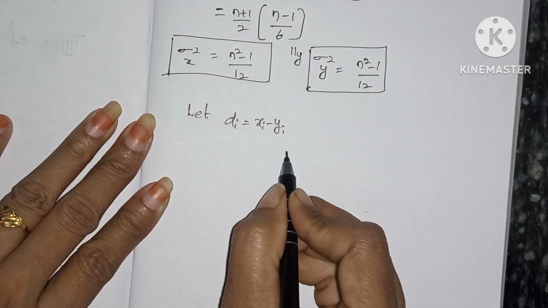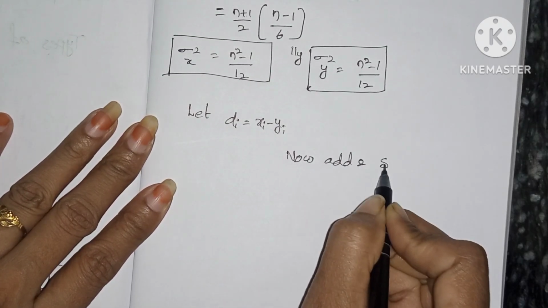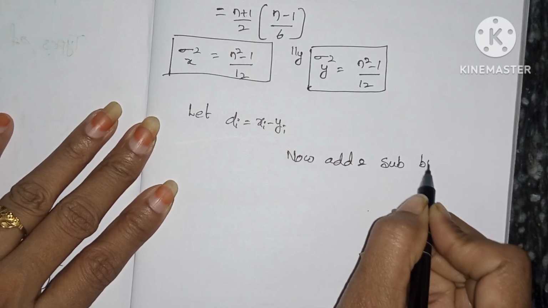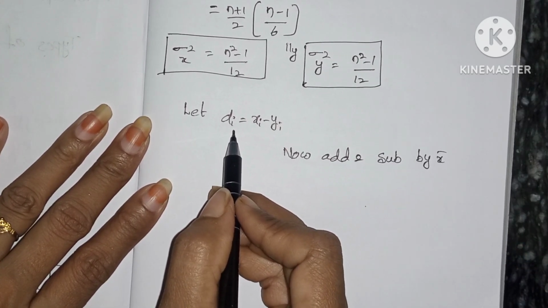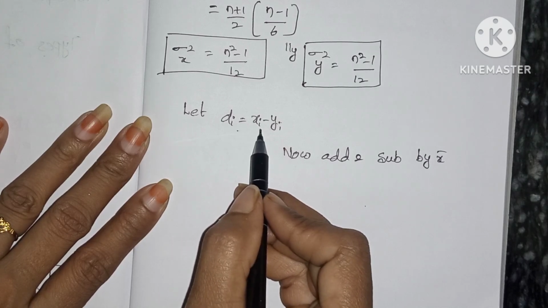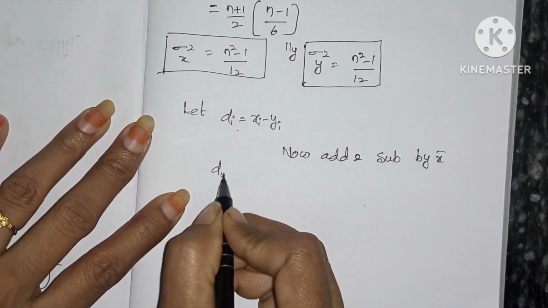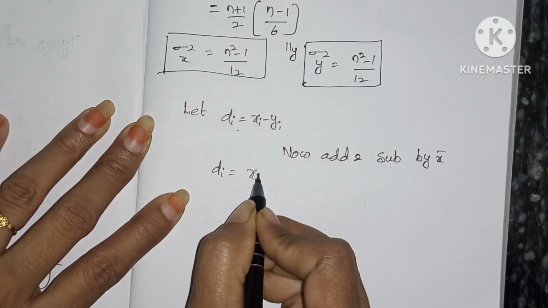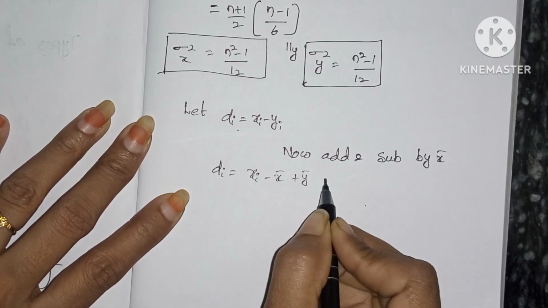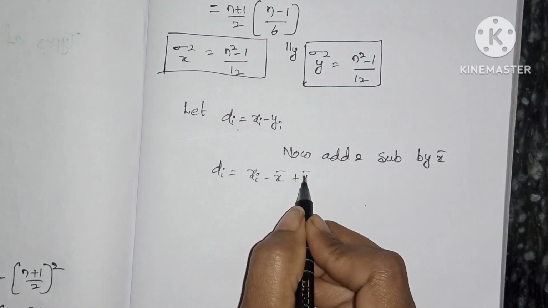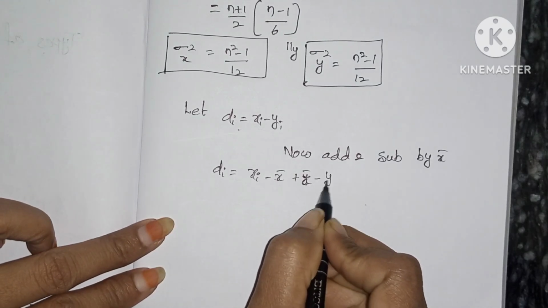So now add and subtract x bar. Okay, so now what we have to do? We have to add and subtract x bar to which side? To the RHS. Di equals xi minus x bar plus x bar minus yi.